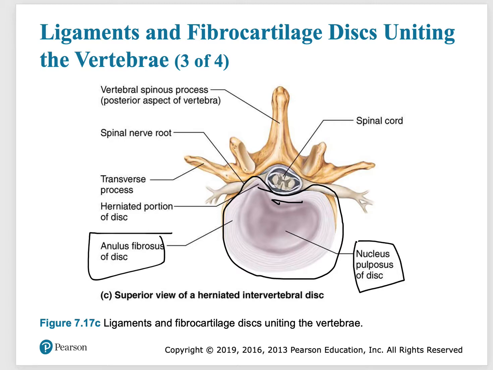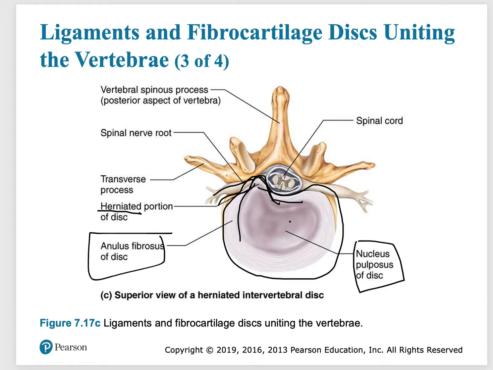And why this is important: if there's a spinal cord injury where we have a herniated disc, this means there was a lot of pressure, something happened, maybe a car accident, maybe someone that plays tackle football was hit right in the spine. So what happens is this nucleus pulposus starts to bulge out of the annulus fibrosus right here, and it actually compresses this spinal nerve, and that's what causes all this pain.